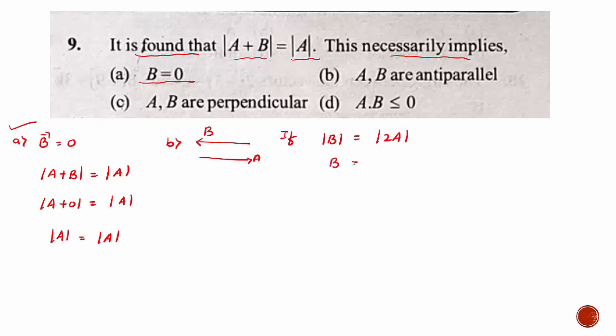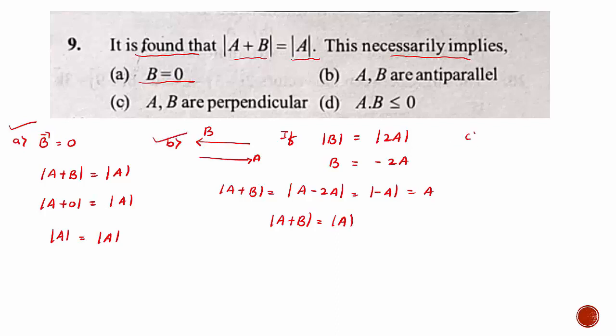Directions are anti-parallel, they are in the opposite direction, so it should be minus 2A. So our equation is mod of A plus B is equal to mod of A. In place of B, I am going to write minus 2A. So we will get mod of minus A. Mod of minus A means A. So mod of A plus B is equal to mod A, we got here. Right? So this is also possible.